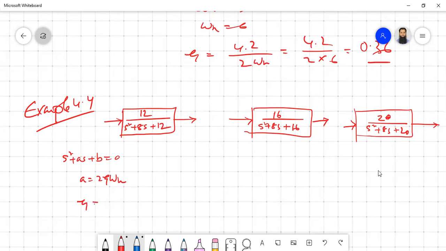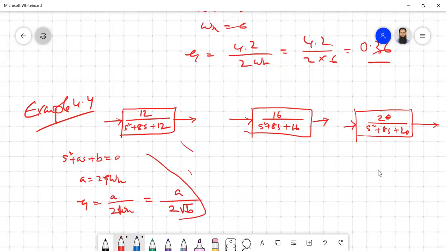So if you want to figure out zeta, it will be basically simply a by twice omega n. And what is omega n? Omega n is nothing but root over b. So you can also directly, using this formula, check the system's behavior.